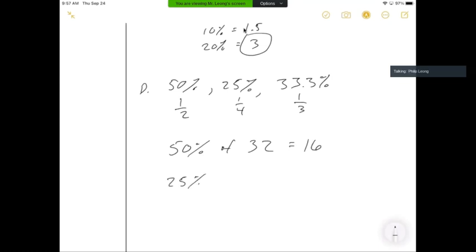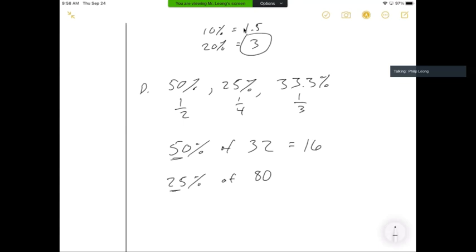Now, what if I wanted 25% of, let's make it easy, 80? There's two ways you can do it. You just divide by 4, or you can divide by 2 and then divide by 2 again. Half and half. So sometimes you're going to want to round to these numbers because they're easy.